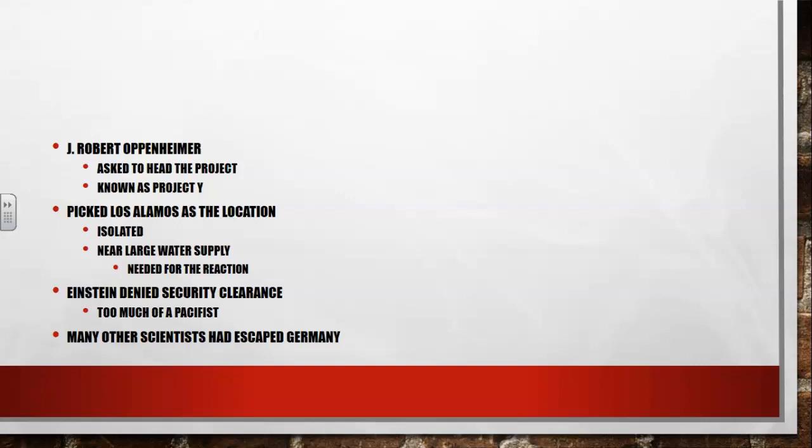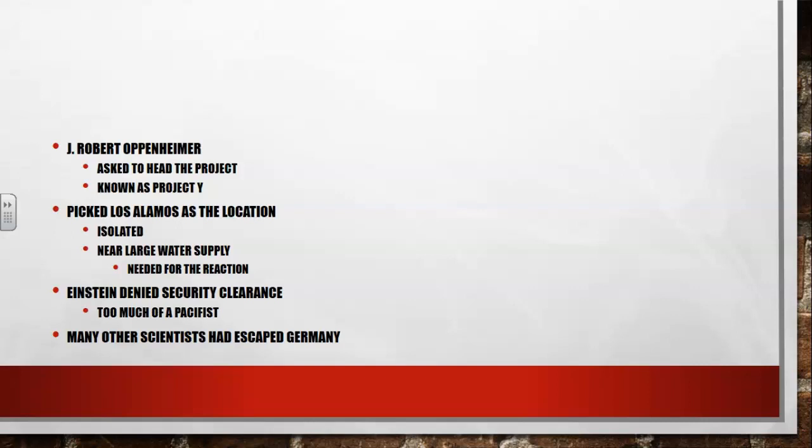When you're creating a major weapon of utmost security importance and something that's really top secret, you really don't want to do that in a large area. Thus, the more isolated, the better. But number two, Los Alamos has a large supply of water, and you're going to need the supply of water for the nuclear reaction to actually work. So you can't just go out in the middle of the desert without water. It's not going to work.